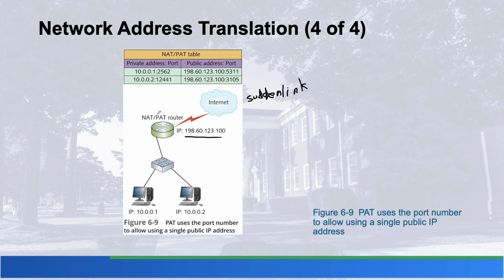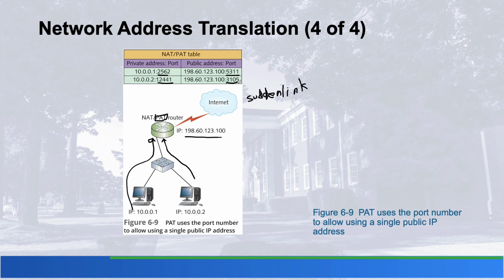198.168.123.100. Your router is going to use something called port address translation, and it's going to take all of these packets from these private addresses, and not only is it going to change the IP address, it's also going to change the port. Okay? So that all of these computers with different IP addresses can use the same IP address on the outside.